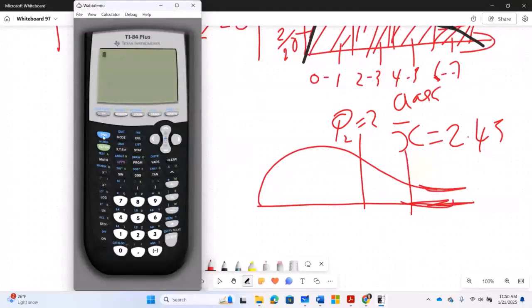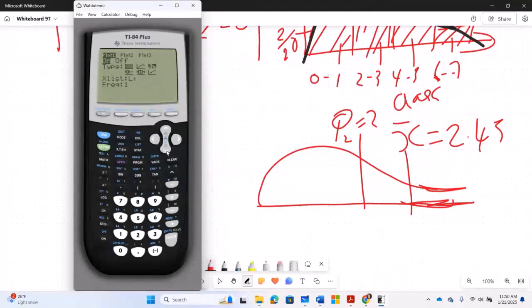So I'm going to do second Y equals. So you see there are plots. I'll select Plot 1. And if you see, there are 6 types of statistical graph you can draw. I'm going to arrow down.